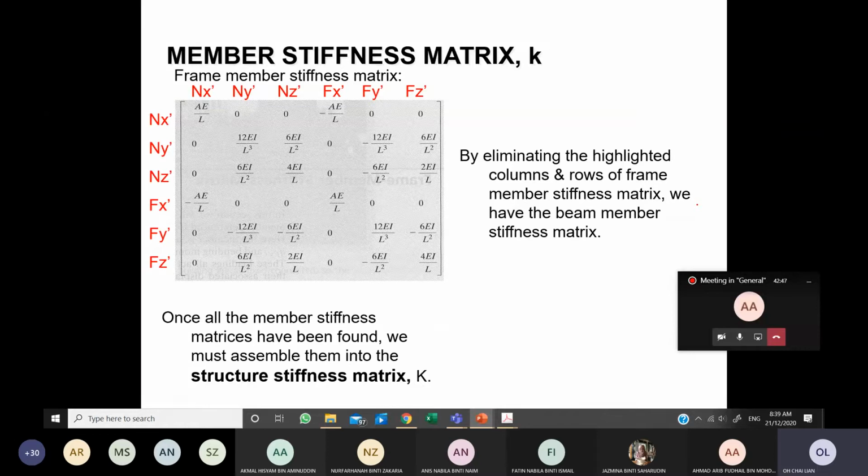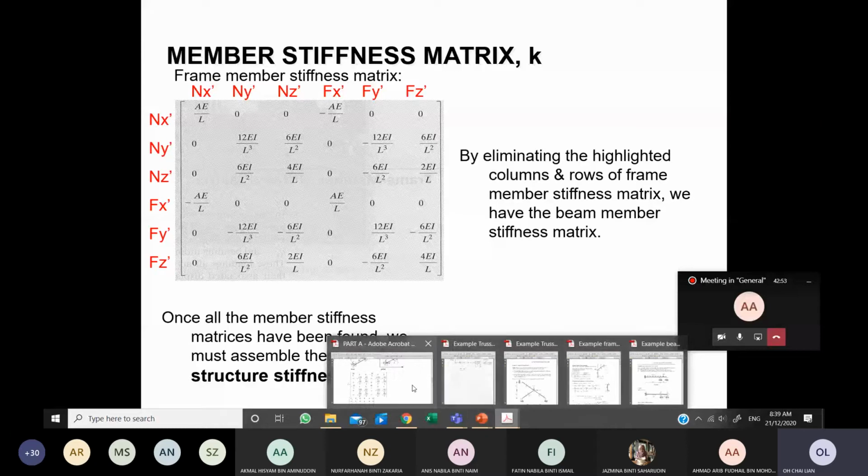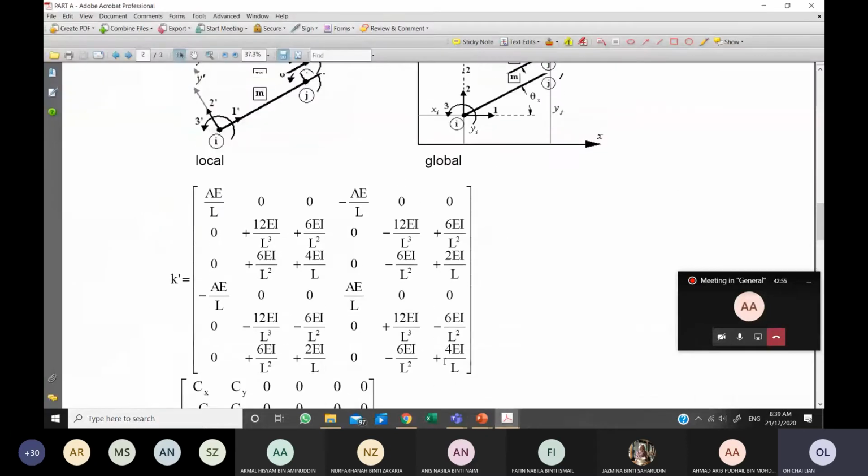I have to show you the frame member stiffness matrix. If you look at the appendix, go to the frame. For the member stiffness matrix, in this appendix we use K prime. K prime is the member stiffness matrix. Other references might have different symbols.